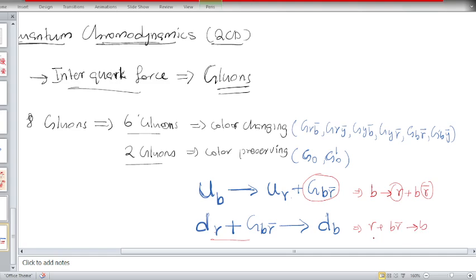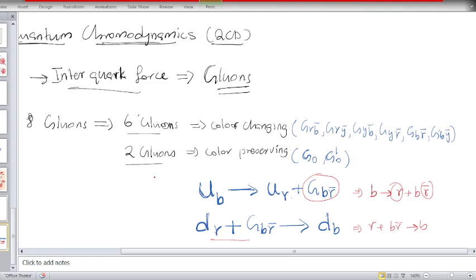Okay, so that is the interaction. You can also represent this particular interaction with a series. Similarly, if you consider some other cases, G0 or G0 dash also are responsible for change of the quarks without changing the color of the quark.